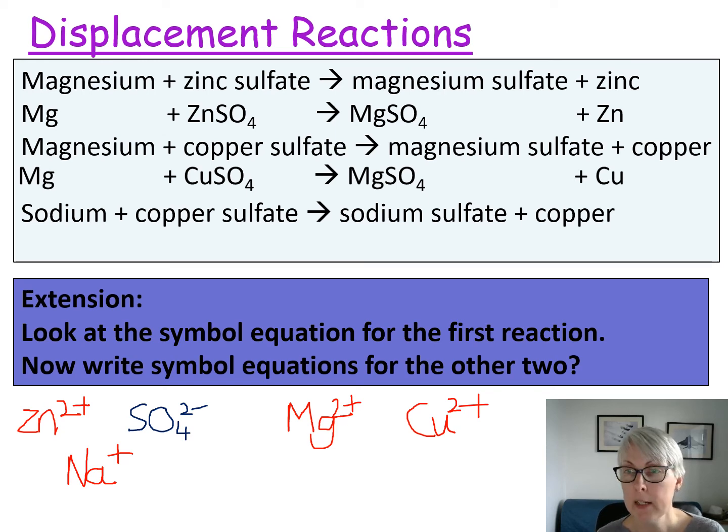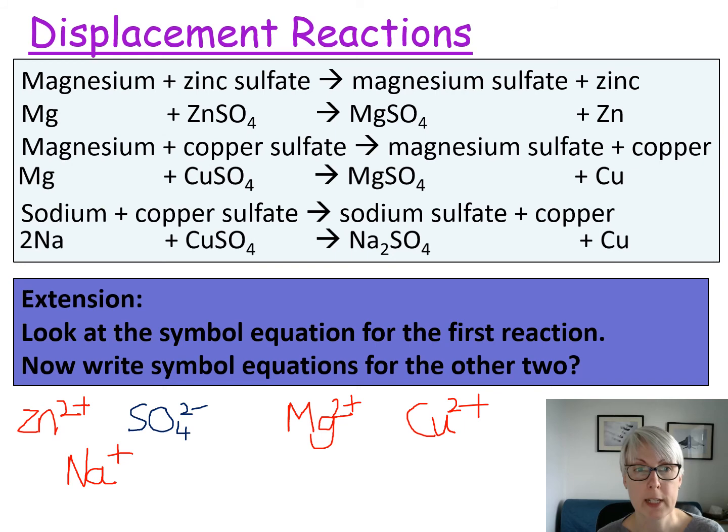And the very last one, this is the one that's a little bit more tricky. And we need some balancing numbers going on here as well. So we've got CuSO4 and Na. We'll come back to the number 2 in front there in a moment. Now here is Na2SO4. This is Na2SO4 because a sulfate ion has got a 2- charge.